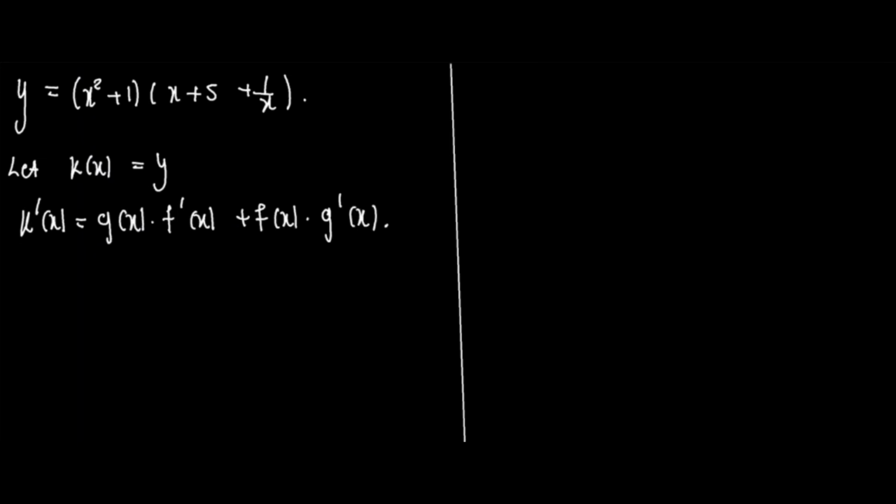So now we're going to say let g of x equals to x squared plus 1 and f of x to be equals to x plus 5 plus 1 over x.